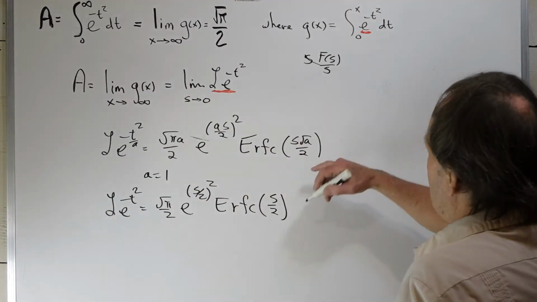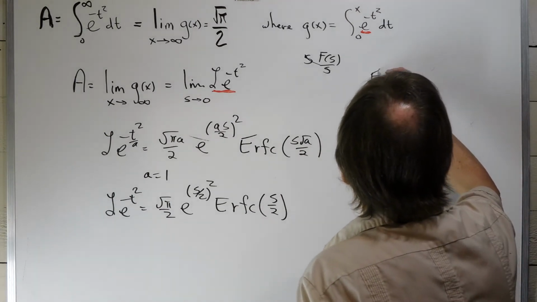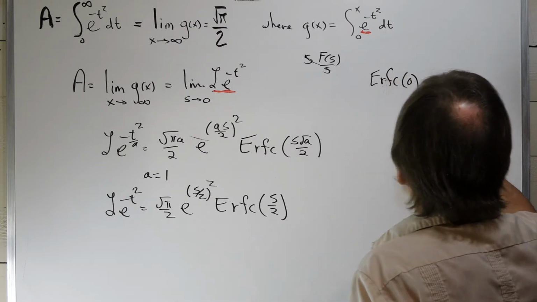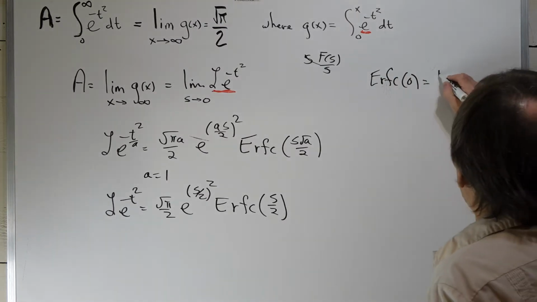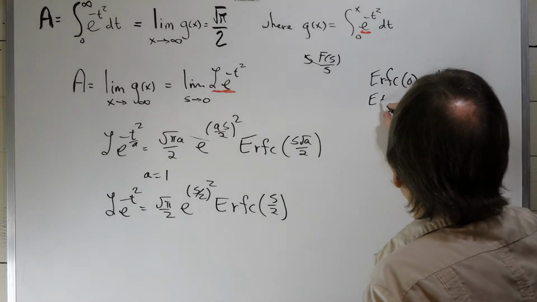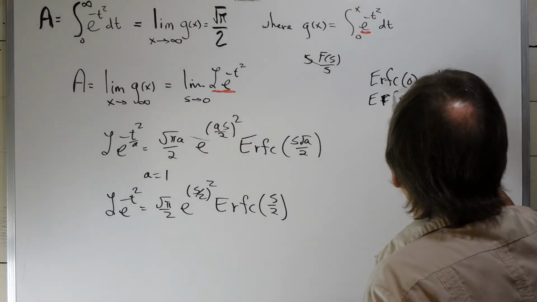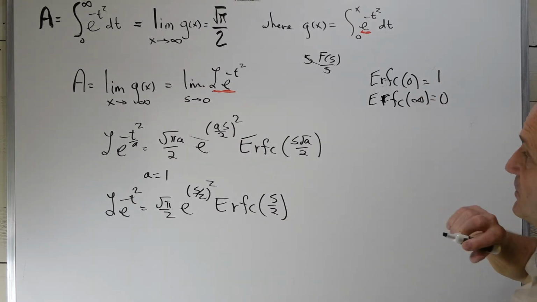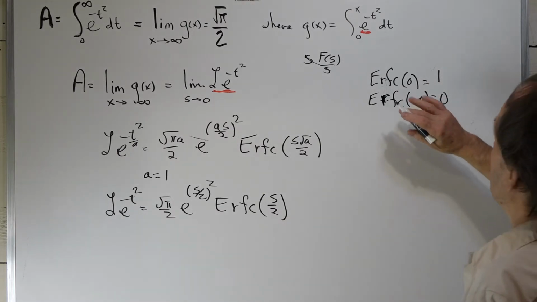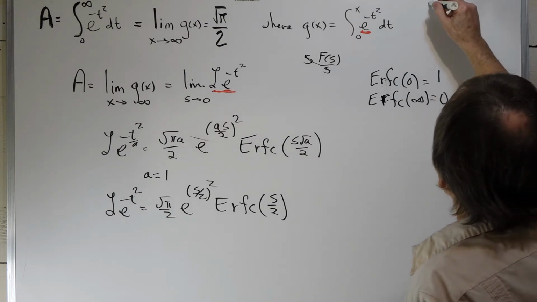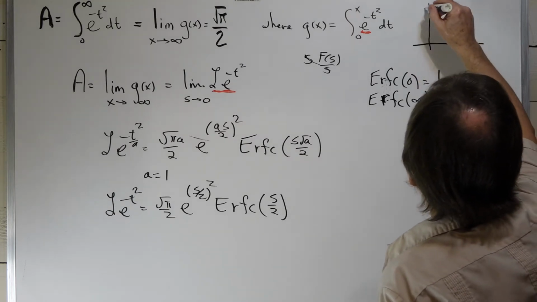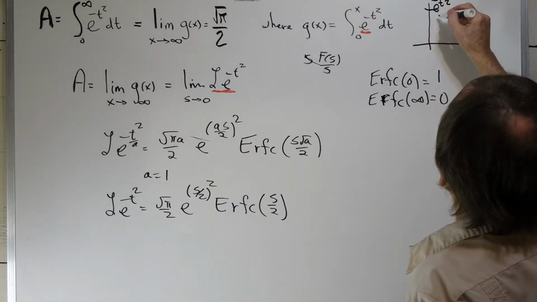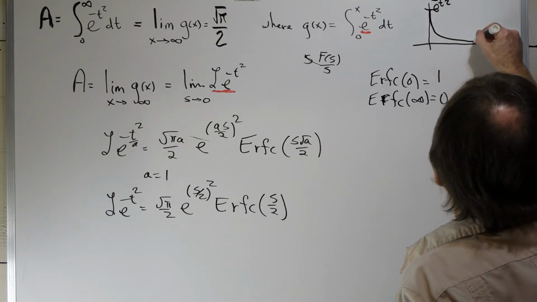Now, the error function at 0 is equal to 1, and the complementary error function at infinity is equal to 0. It's just the opposite of the error function, and we saw that if you look at e to the minus t squared, the function goes down like this.